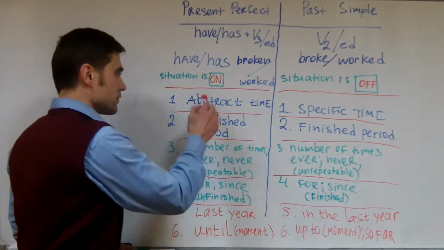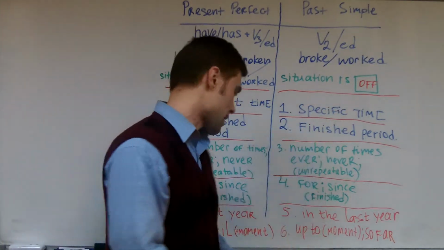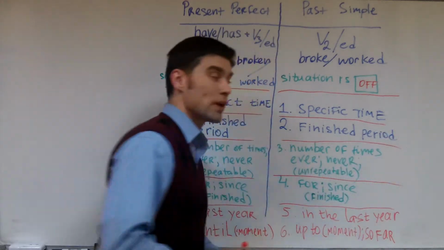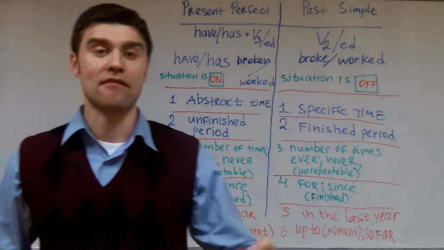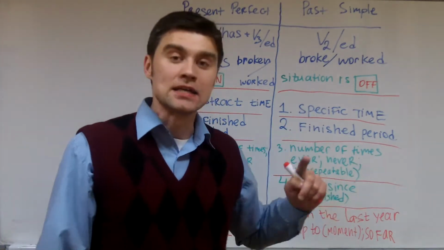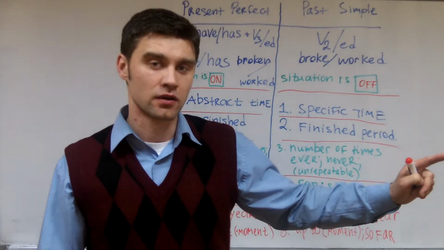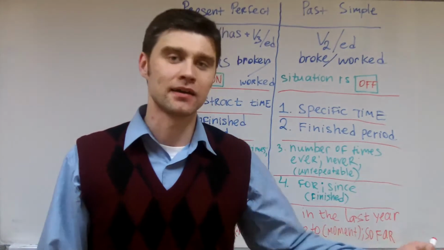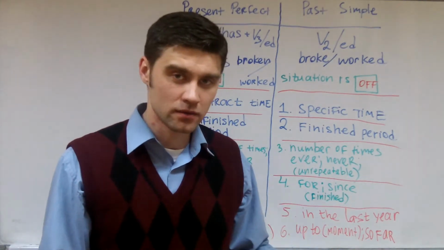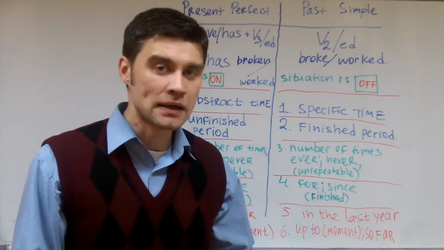Now, in contrast to this abstract time, there is a specific time that we use with past simple. So, if present perfect says, I have already done it, or I've already done it, past simple says, I did it 2 minutes ago, a second ago, a moment ago. Or, I did it on Monday.